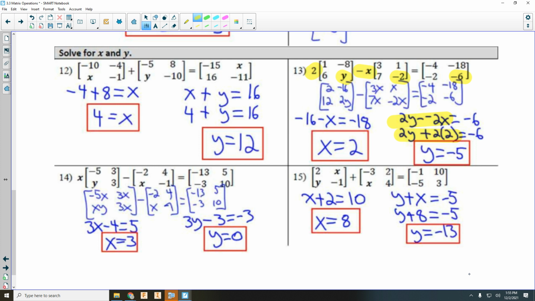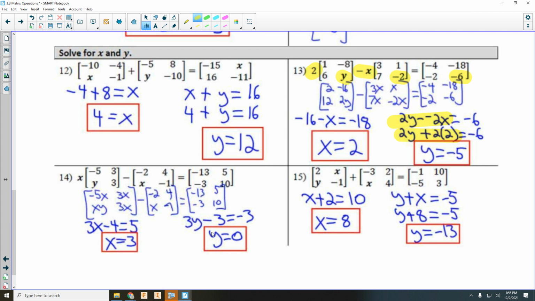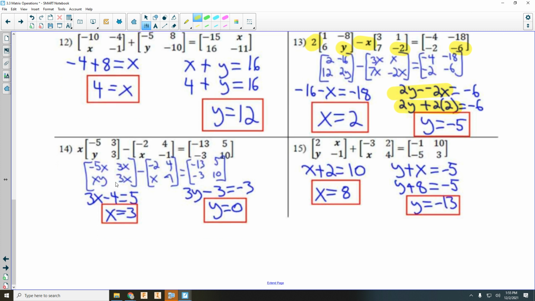Again, it's probably going to take us most of the day to get through the notes. My y on 14 was also not 0. We need to look at 14 too. Yeah, you got to get x first. Did you get x correct?